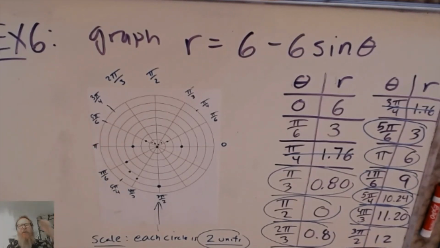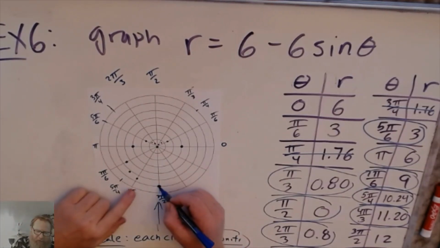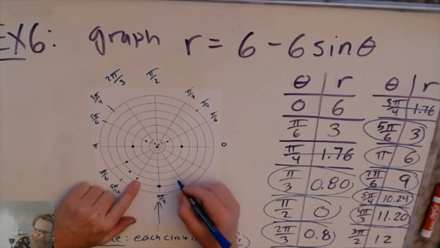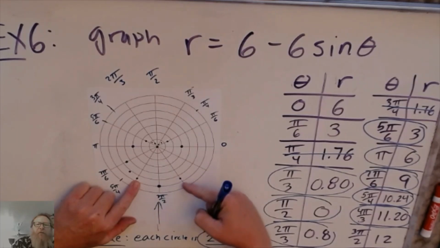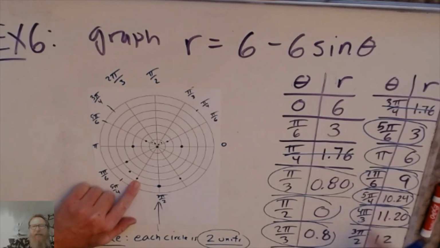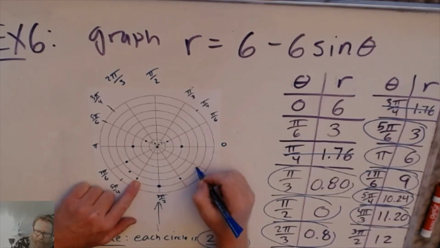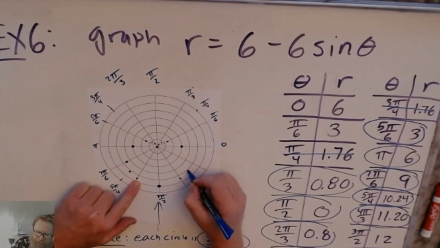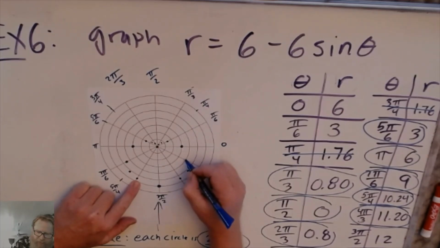I could have kept going. You're going to see a pattern. It's going to be very similar. The 4 pi over 3 is just going to duplicate on the other quadrants. These points are going to have the same radius. I mean, it's going to continue this pattern. And then when you get to the next one, it's going to be here again. And then here again.